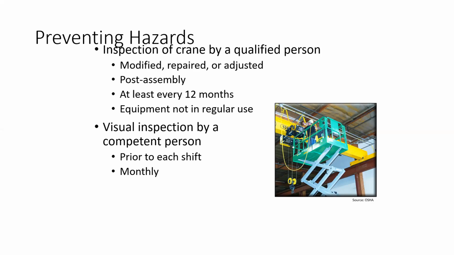And there should be a visual inspection by a competent person prior to each shift. It is a visual inspection only, and monthly. Inspection by a qualified person is for maintenance or preventive maintenance, while visual inspection is for regular work.